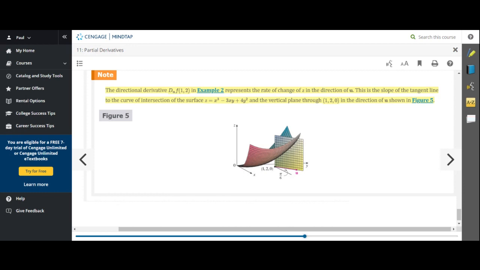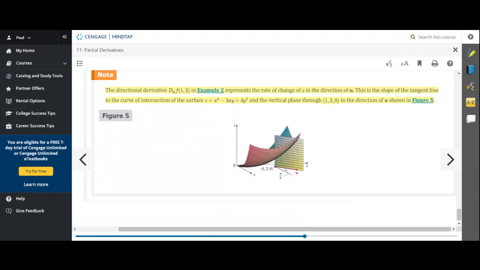If you measure 30 degrees from that parallel line, you get that vector u. The components are square root of 3 over 2 and one half. And so they draw a plane cutting through that vector u.